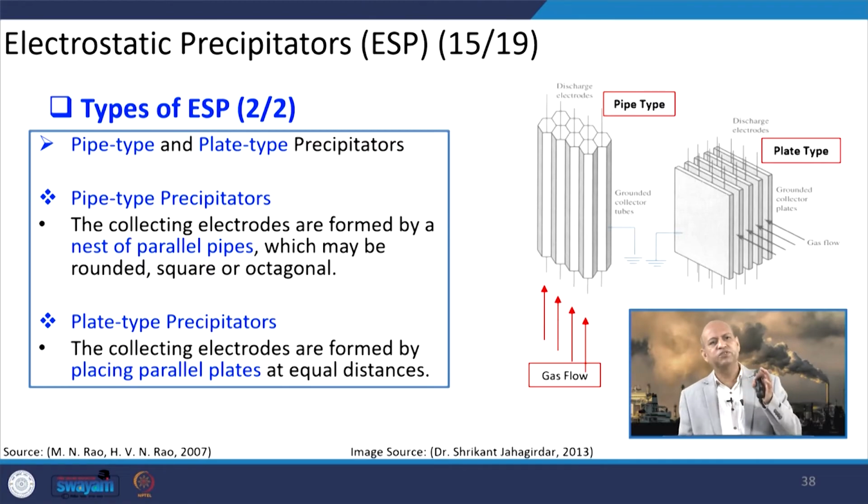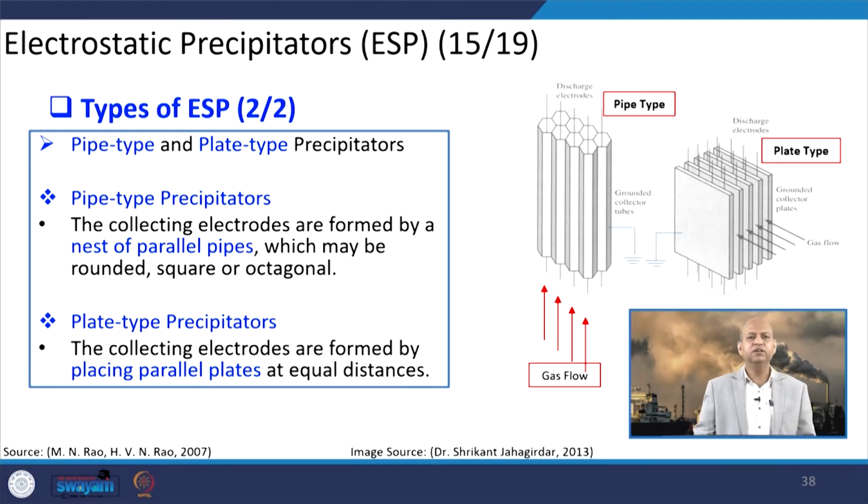Then there are different types in terms of their shape, like pipe types, where gas passes through different pipes, and up to their wall the particles are trapped and then go down. Then there may be plate types. So, different kinds of shape may be there.